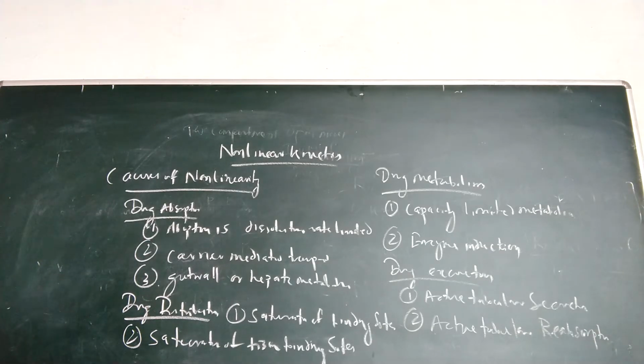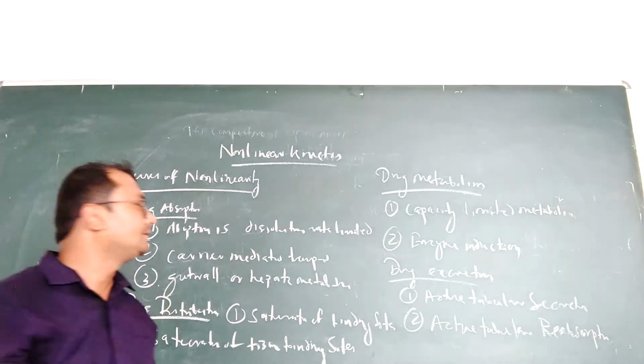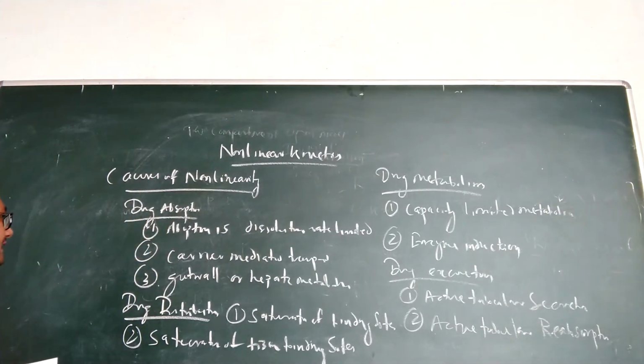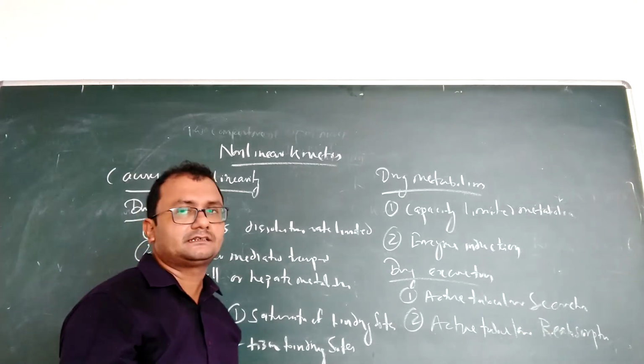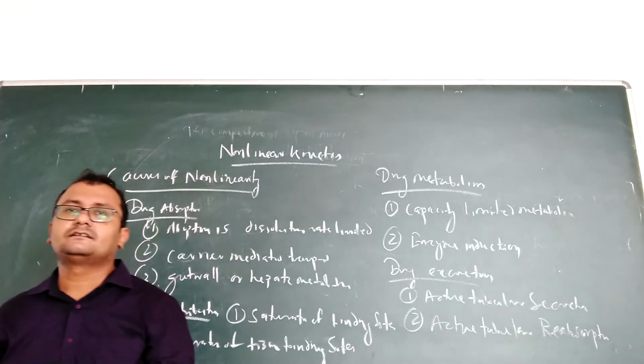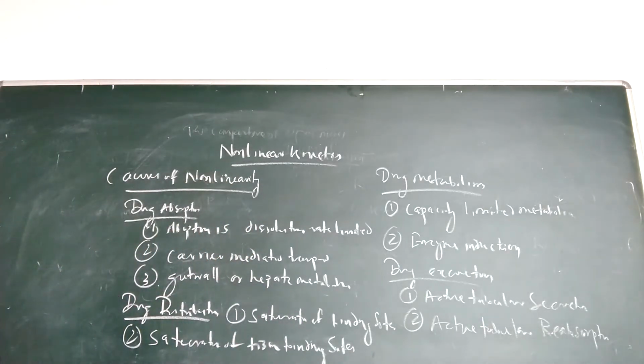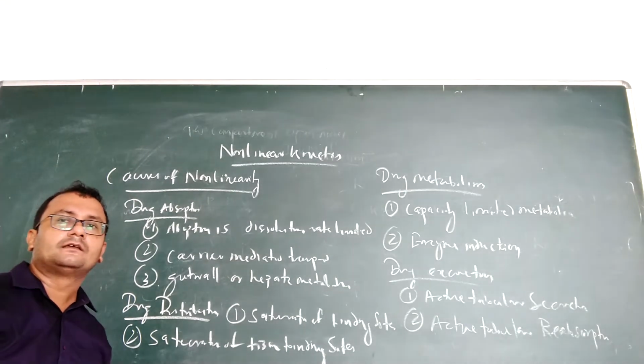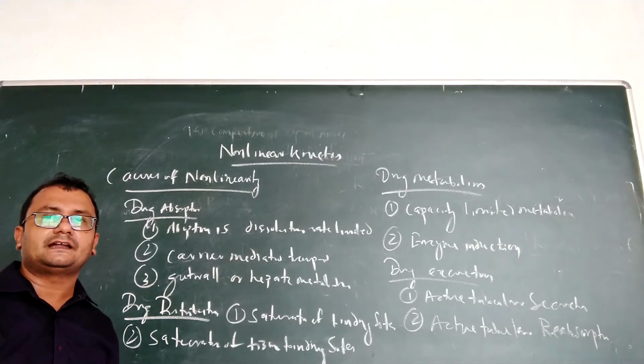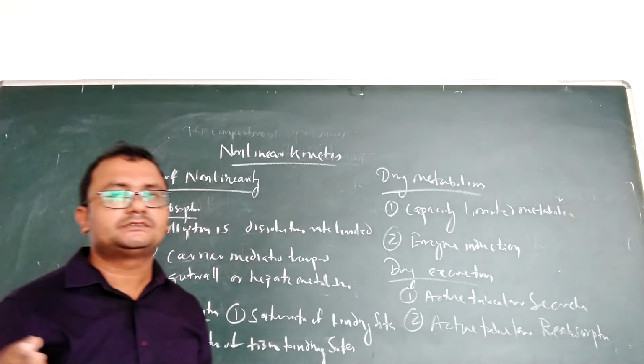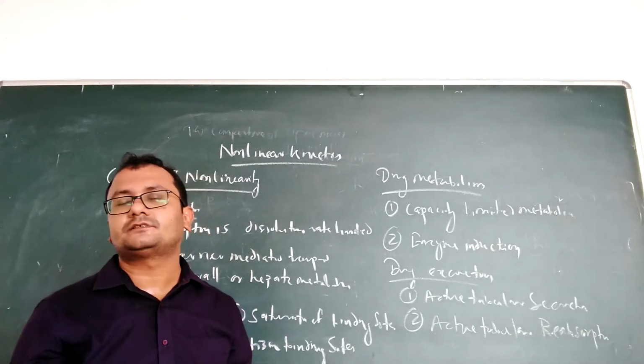What are the causes? The first one: if absorption is solubility or dissolution rate limited, then we will see non-linearity. What will happen at higher doses? It will saturate the solution because there is a solubility problem of the dosage form, and once saturation is attained, it won't increase, it won't be absorbed, or it will not reach the systemic circulation.